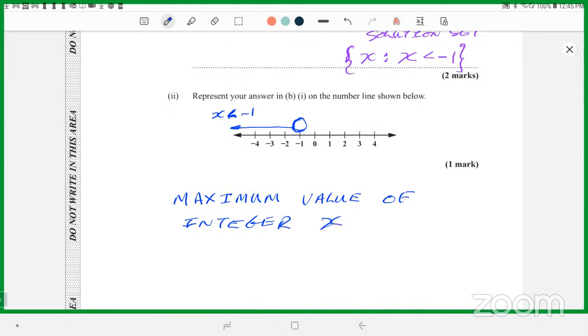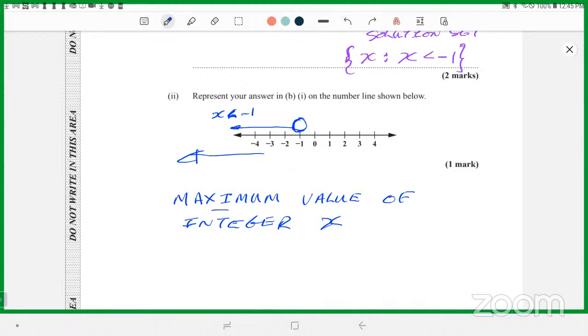If x is an integer, what would be the maximum value that x can be? So the maximum value would have to be this one. Because remember, I know x can be negative 2, negative 3, negative 4, but all the values down this way are less than this one. And so this will be the largest one it can be. It cannot be negative 1.